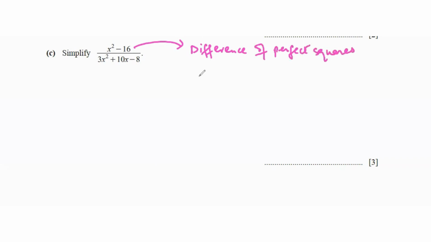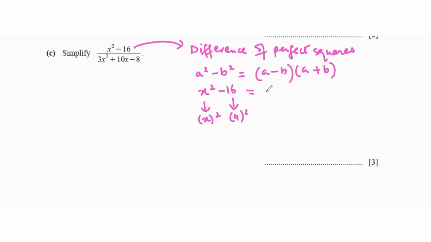Difference of perfect squares means that a squared minus b squared will equal a minus b times a plus b. What we have is x squared minus 16. x is being squared and 16 is 4 squared. So this will be rewritten as x minus 4 times x plus 4. So we have the numerator factorized.